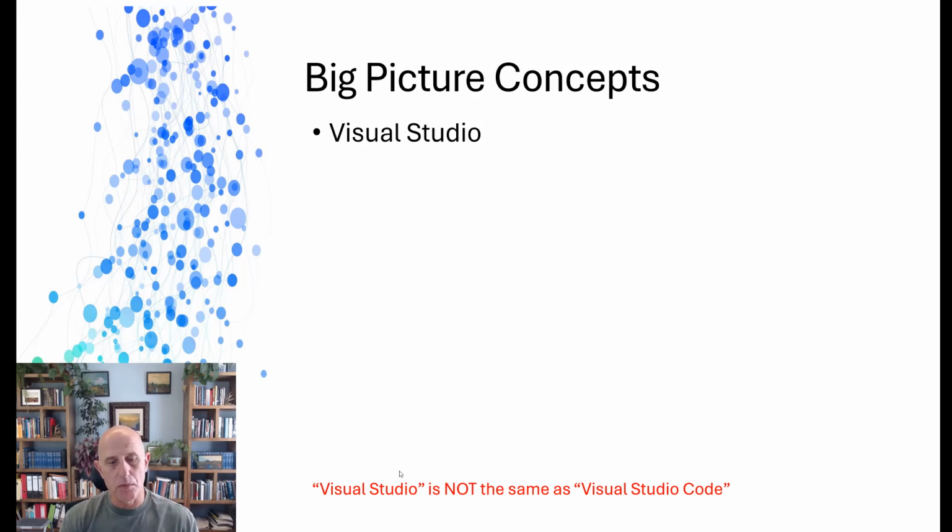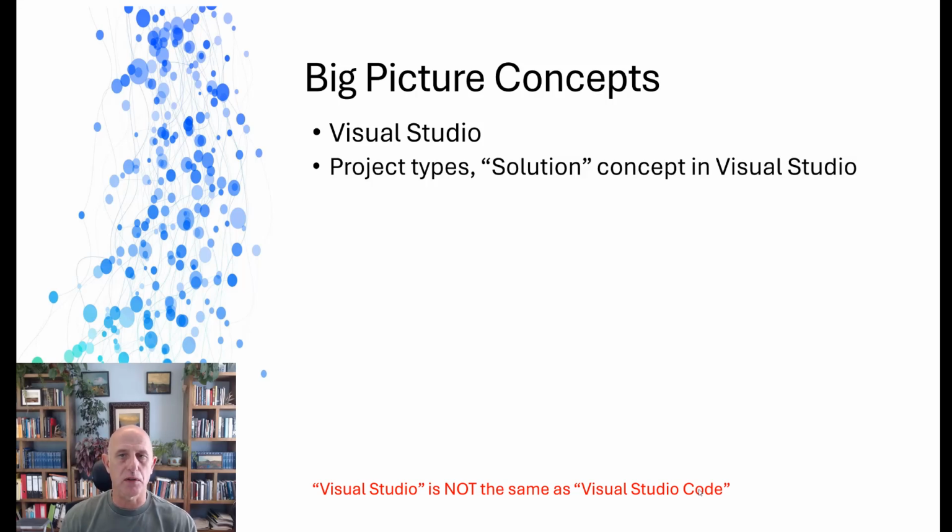Visual Studio is more of a heavyweight coding tool, and Visual Studio Code is more for text editing and so on, and not so much for compiling code. It can do that, but Visual Studio will be our tool of choice in this course.